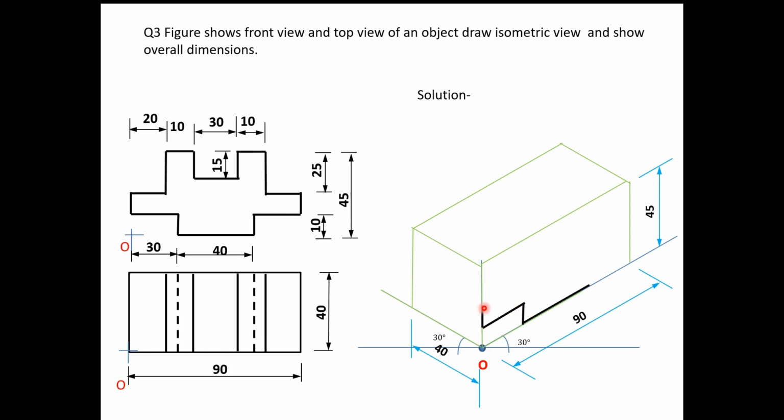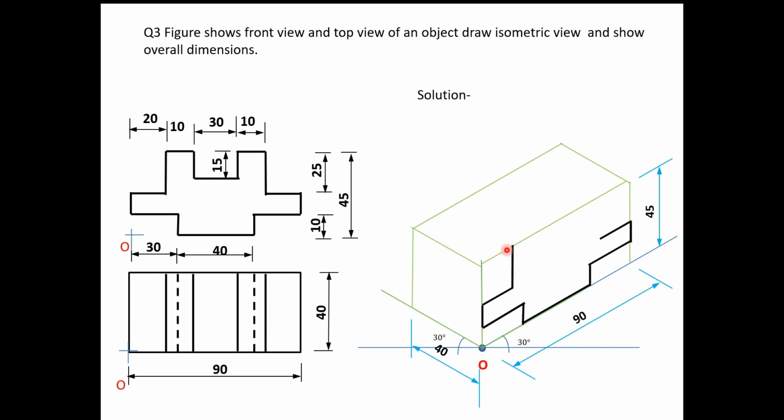Next, from this up to the last: this is 10, this is 25. This is also 10, so this is 10 mm. Then up to this is 20 mm. Then this edge is vertical, so I will mark this edge also vertical. I will repeat the procedure on this side also.